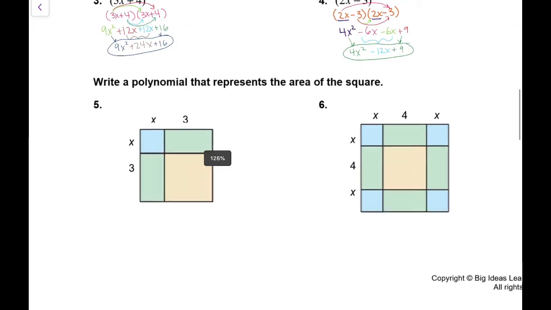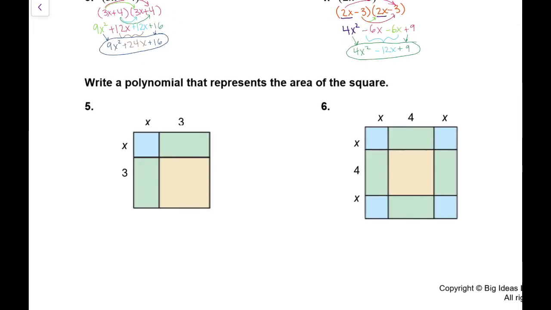Next, we're going to write a polynomial that represents the area of the square. When I'm looking at number 5, I have x plus 3 on the top and x plus 3 on the side. This is equal to x plus 3 squared.